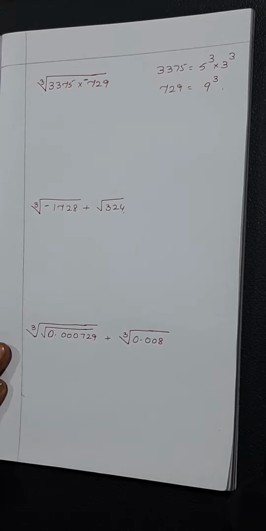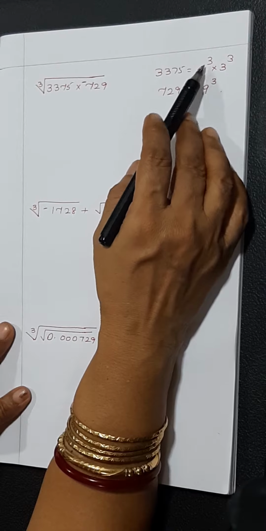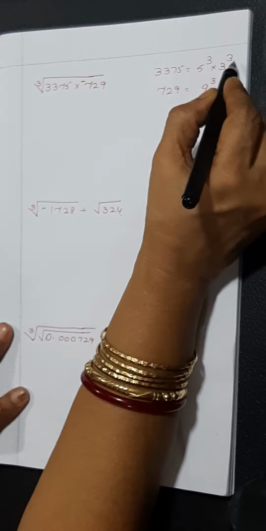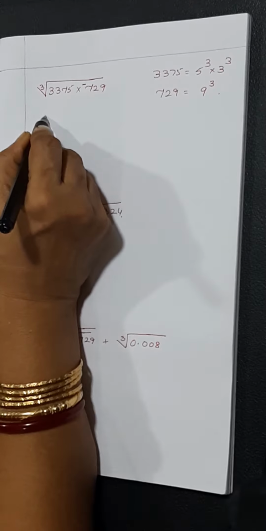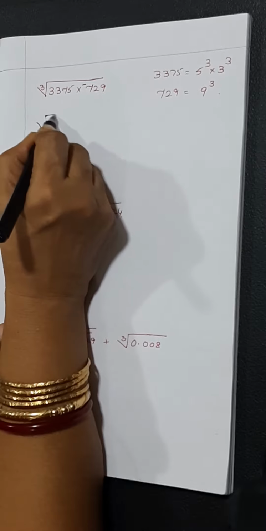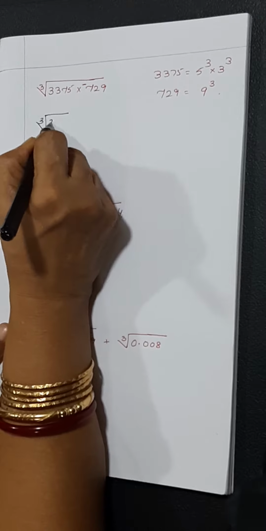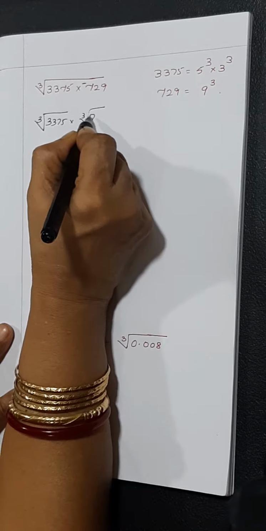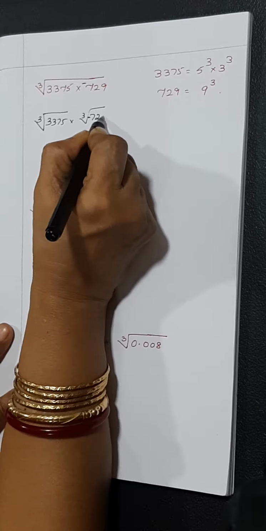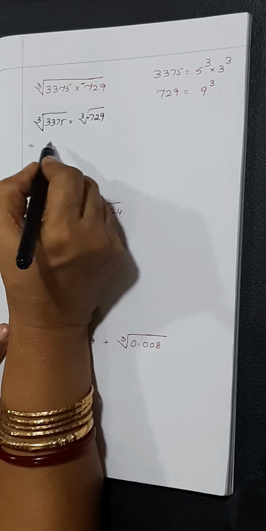Now here 3375, if you factorize you will get it like this. So this is equal to 15 cube. So we will write it separately, cube root of 3375 into cube root of minus 729. So this is equal to 15 cube.